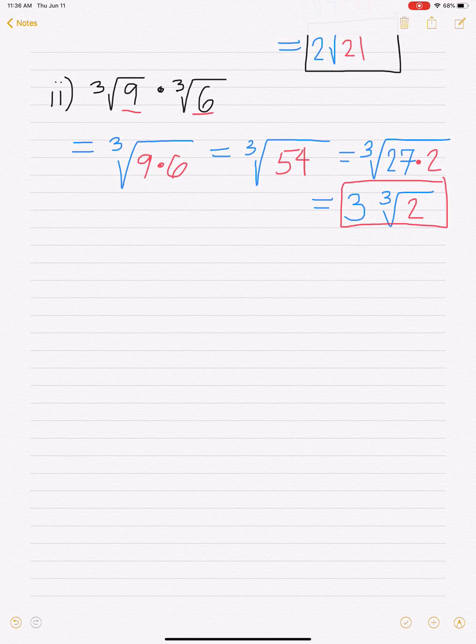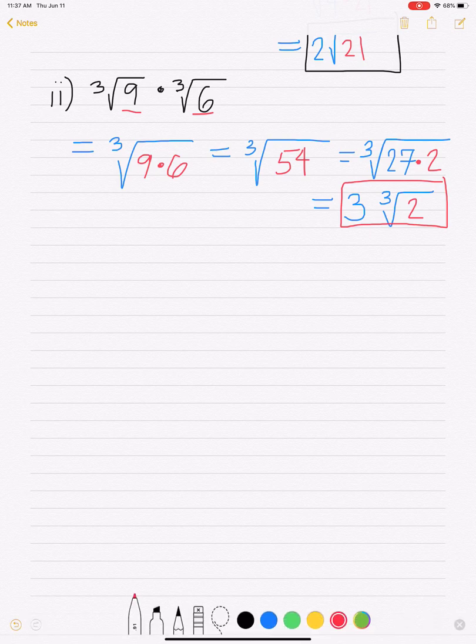All right, let's see. Can we do another? How about number 3? How about the cube root of 7 times the cube root of 98, rather, I should say.